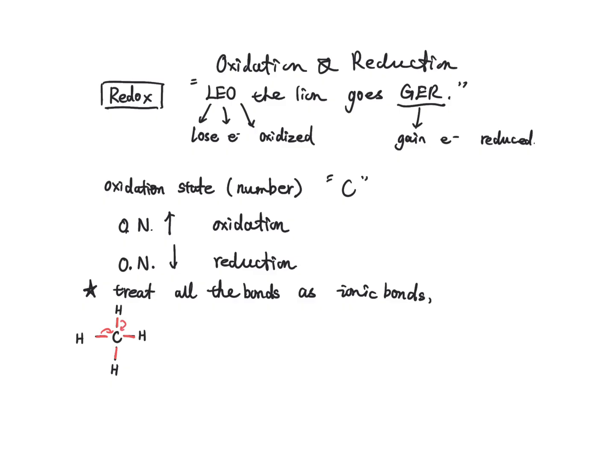I'm just drawing like this to show you that the carbon now has 8 electrons around it, based on the way that we treat the bond to determine the oxidation number. And a neutral carbon only has 4 electrons. So that means at this moment this carbon has 4 more electrons, which gives a -4. That is the oxidation number of the carbon in methane.